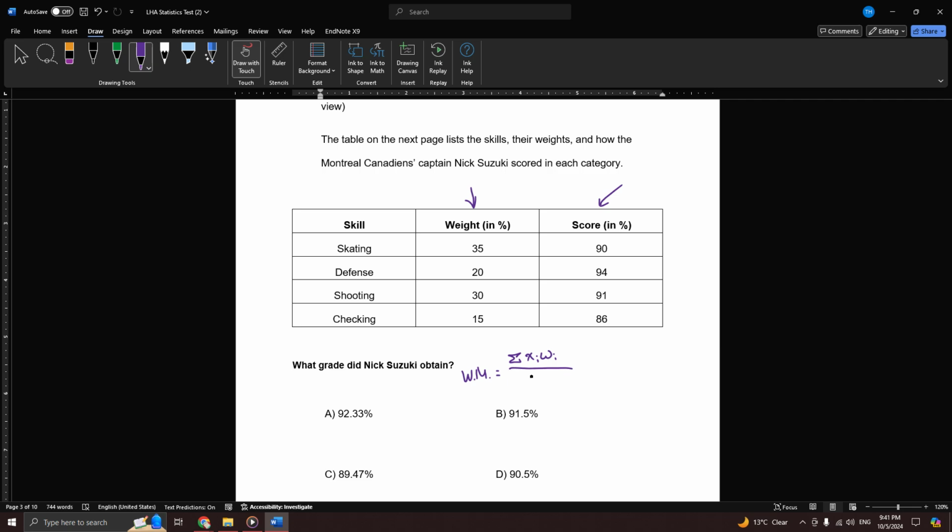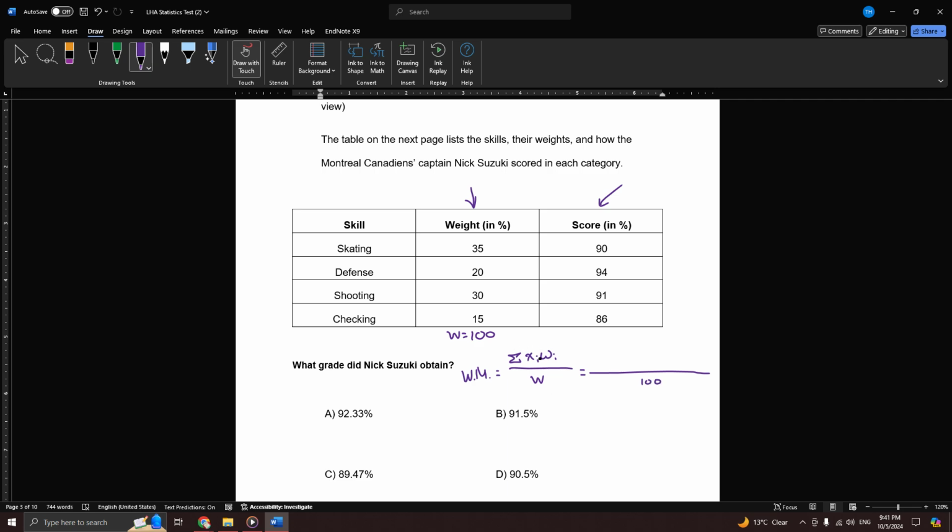I'm going to divide that by w, that's the total, the sum of all the weights. Here's a trick I told you in class. If the weights are given in percentage, they're always going to add up to 100. You don't even have to put it into your calculator. So we know it's going to add up to 100 here.